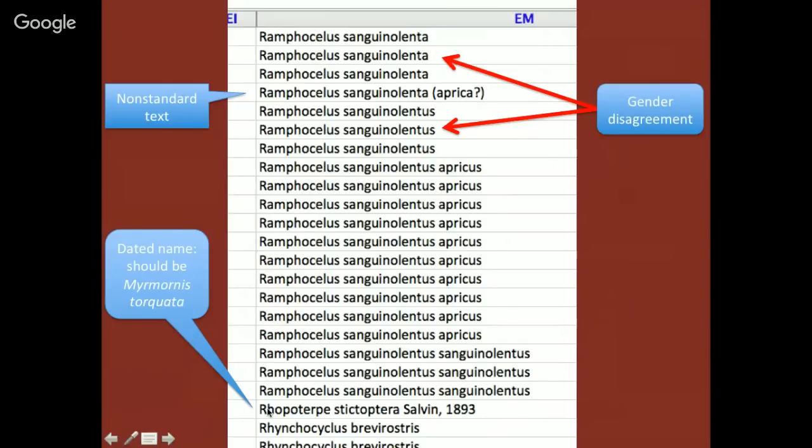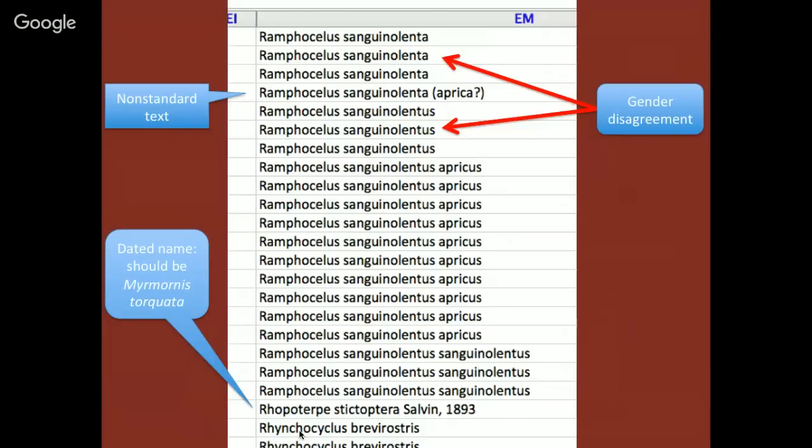And then down here at the bottom, we see Rhopoterpe stictoptera. And I've worked with Central American birds for quite a while, but I did have to look that one up. That name refers to Myrmornis torquata. So that was easily interpretable, but it did take some human intervention or a very good data set that would have synonyms. So my point in this is just that these data sets have a lot of garbage.